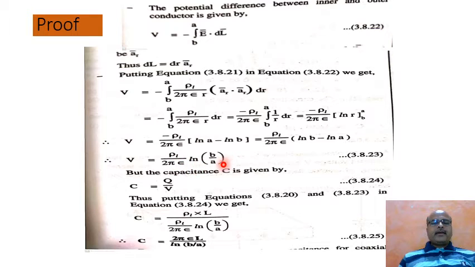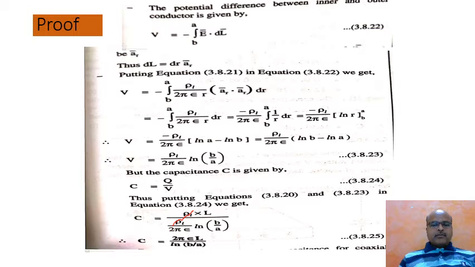This term can be written as rho L upon 2 pi epsilon ln b by a. But the capacitance C is given by C equal to Q by V. So put in all these values of Q and V. So C is equal to rho L into L, divided by rho L upon 2 pi epsilon ln b by a. The terms that cancel: rho L gets cancelled.